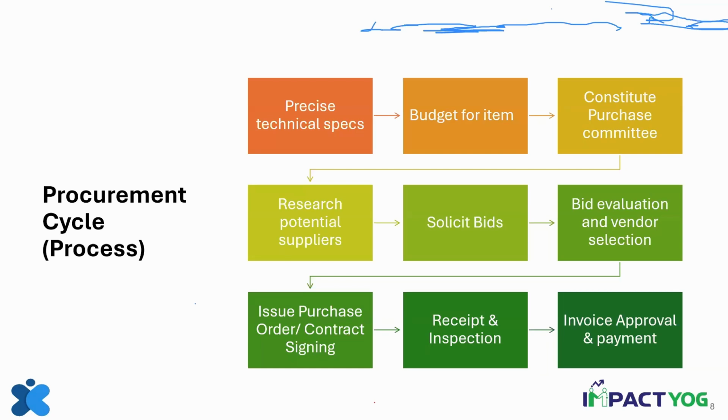And of course we must look at the budget. How much is our budget? While a product of a similar nature to what we require might be available at 100 rupees, which we have budgeted, it might also be available at 1000 rupees. Now we have to be very clear that we are operating under a budget as a not for profit. We are accountable people.